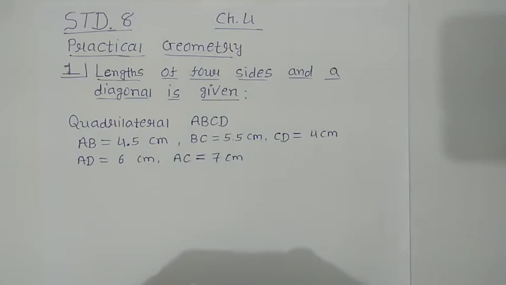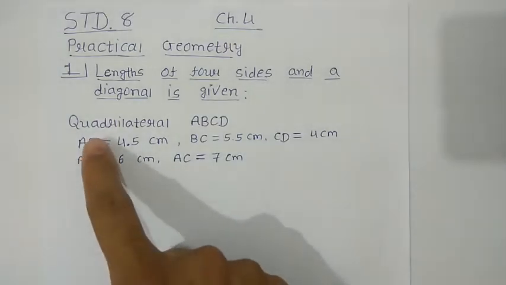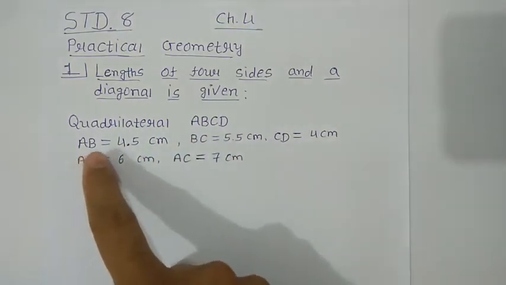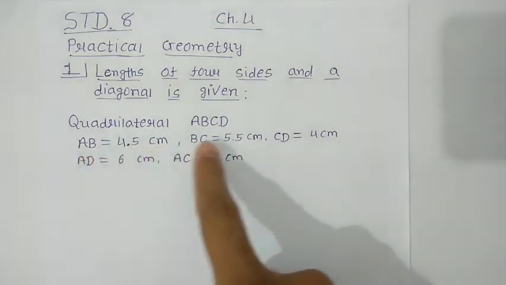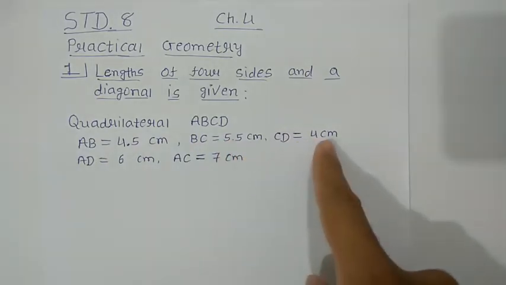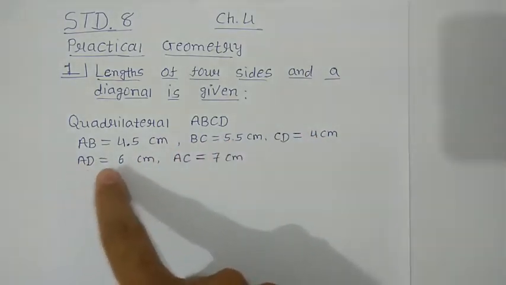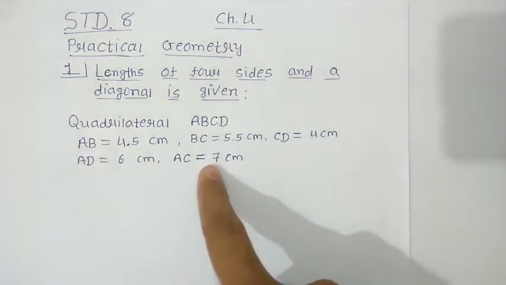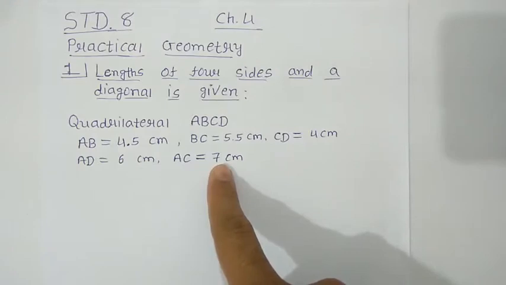Okay, so the first question is, draw a quadrilateral ABCD in which side AB is equal to 4.5 centimeter, side BC is equal to 5.5 centimeter, side CD is equal to 4 centimeter, AD is equal to 6 centimeter, and diagonal AC is equal to 7 centimeter.